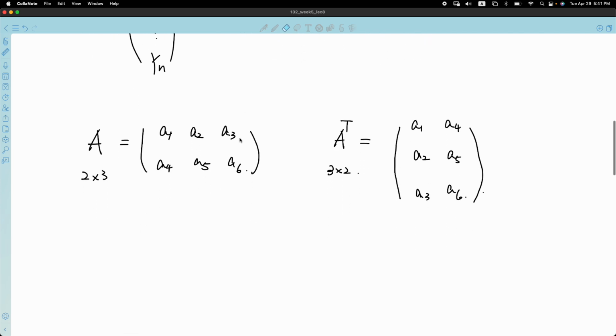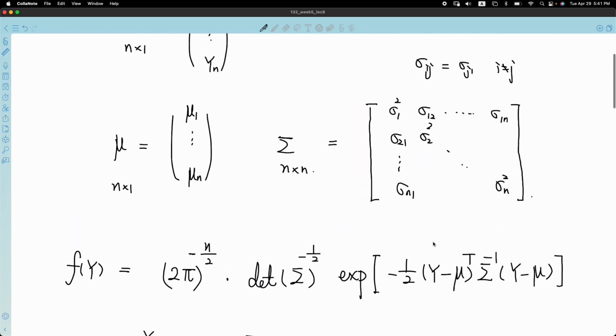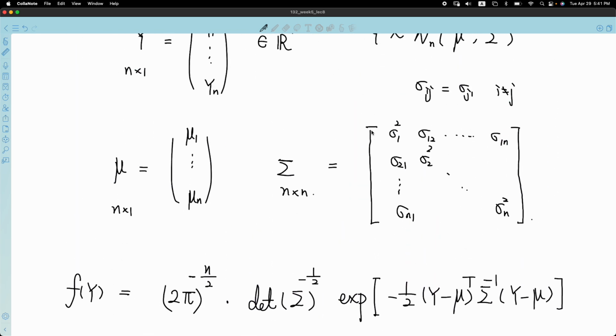And then for a square matrix, when you have an n by n matrix, and if this n by n matrix is equal to A transpose, we call A a symmetric matrix. That is the case for our sigma matrix in this normal distribution.